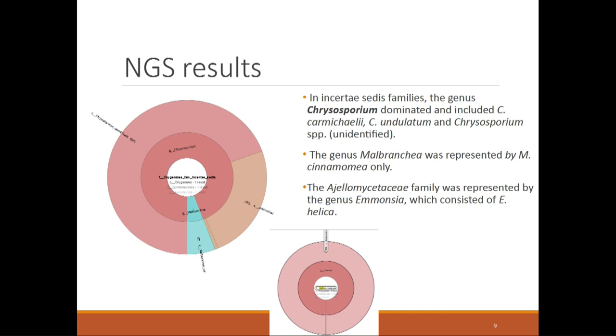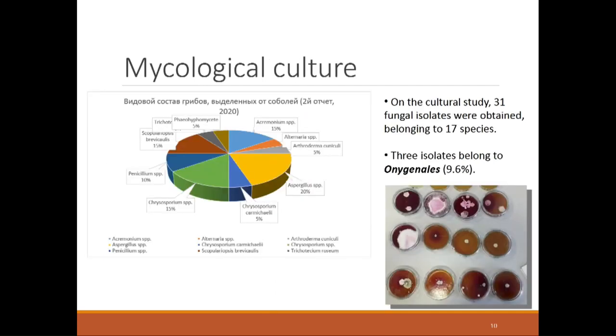And finally, Ajellomycetaceae family was presented by genus Emmonsia, which consisted of Emmonsia helica only, the possible agent of adiaspiromycosis in animals. So we can see a significant variety of potentially pathogenic Onygenalean fungi were detected by targeted metagenomic sequencing in a single hair sample.